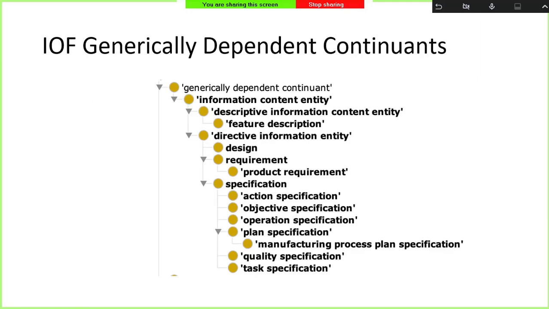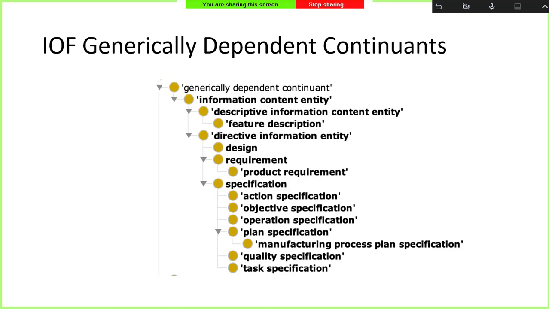And we have generically dependent continuants. This is the BFO stepping stone to defining information entities and other abstract entities, such as models and so forth. And I'm going to talk quite a bit about information entities because they are what makes a planned process a planned process.